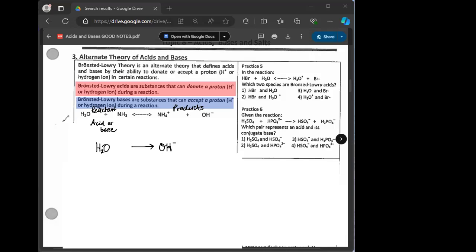Okay, so it seems like the H2O must have lost a hydrogen because it went from having two hydrogens to having only one on the H2O.